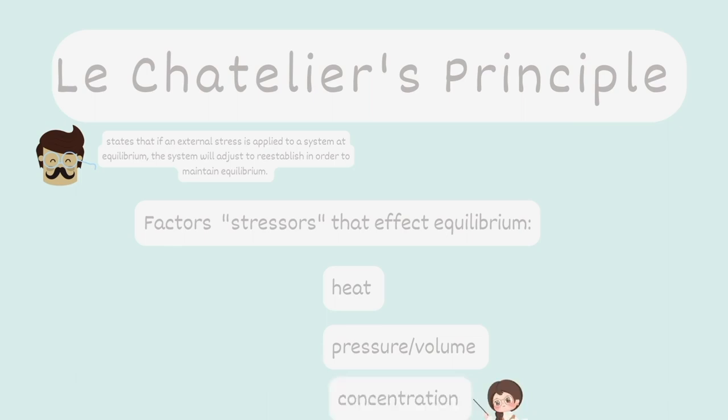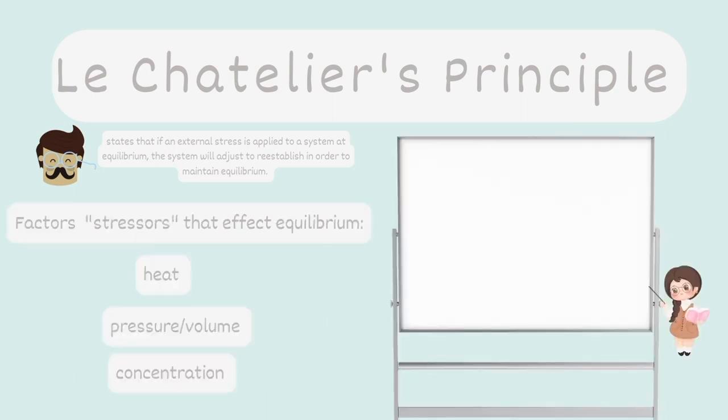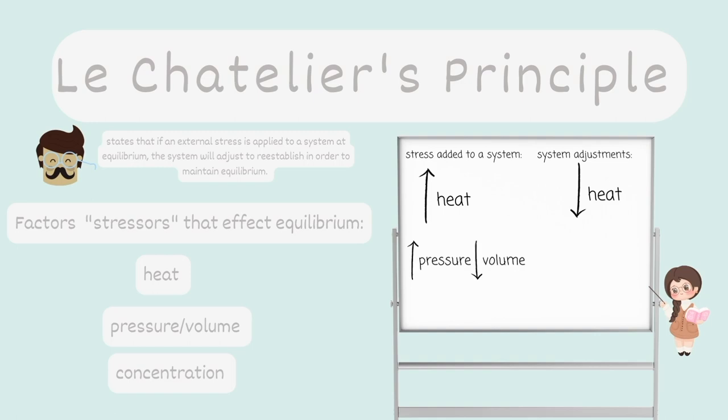If we add stress to a system, there will be some type of system adjustment made in order to bring it back to equilibrium. For example, if we increase the heat, the system will lower the heat. If we increase the pressure by decreasing the volume, the system will try to decrease the pressure by increasing the volume.